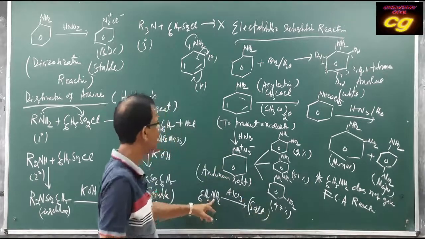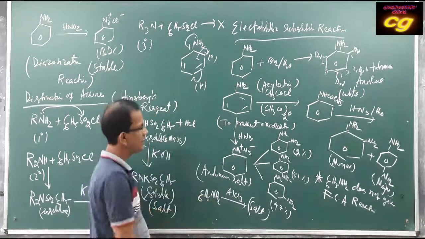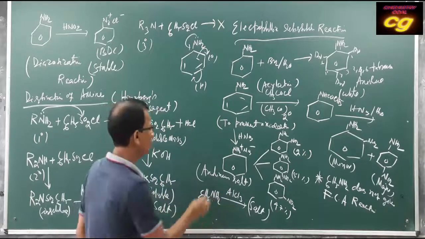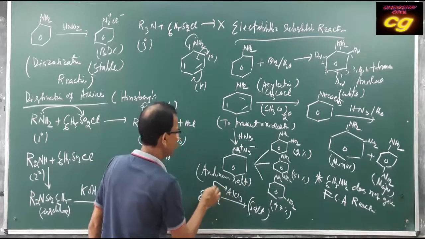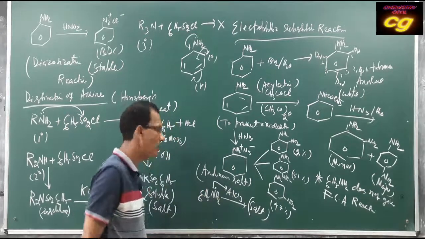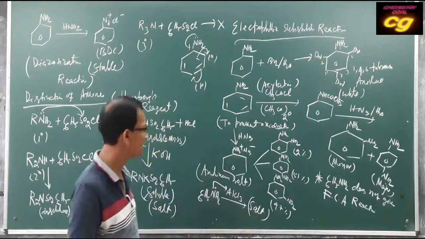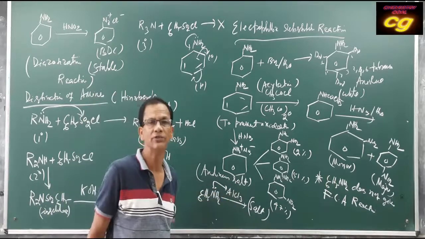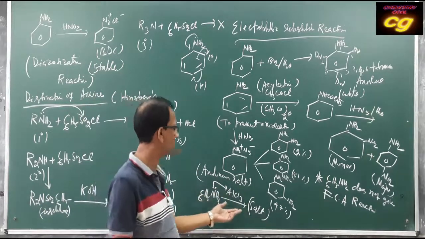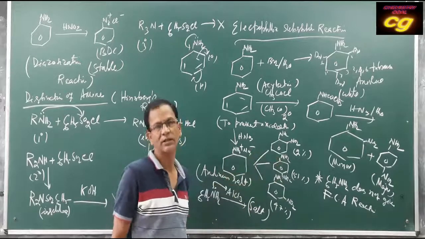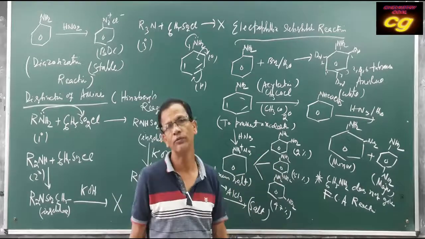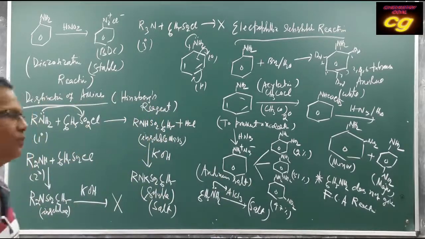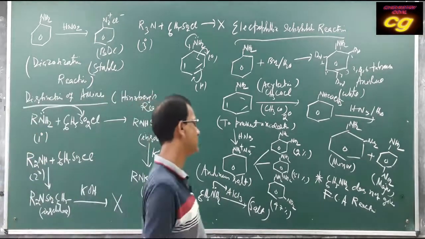Aniline is an electron donor and aluminum chloride is an electron acceptor, so aniline donates electrons to aluminum chloride, forming the salt C6H5NH2+ AlCl3-. Due to this salt formation, the electrophilic substitution reaction is prevented. That's why aniline does not give Friedel-Crafts alkylation and acylation.